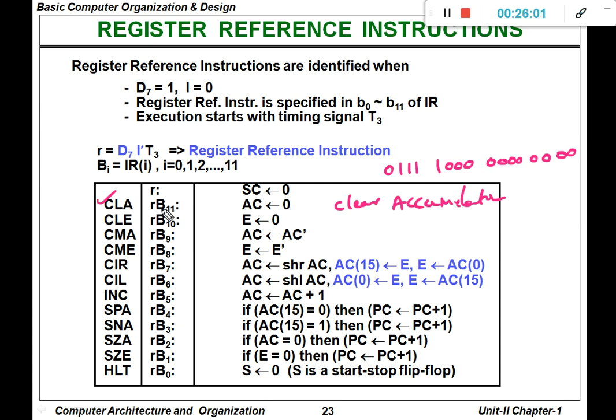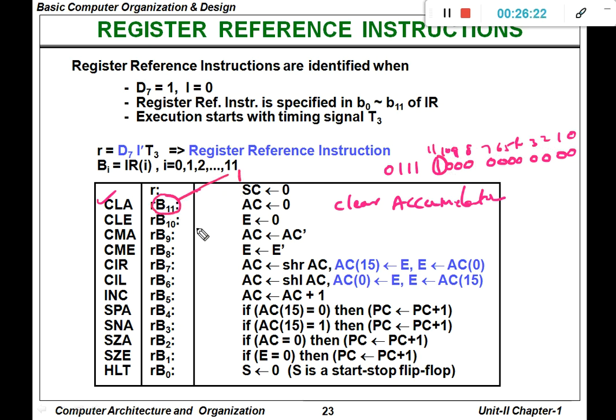Okay, so this is represented with rB11. rB11 means bits 0, 1, 2, 3, 4, 5, 6, 7, 8, 9, 10, 11, and the 11th bit is 1. So now do you understand about B11? B11 means the 11th bit is 1.